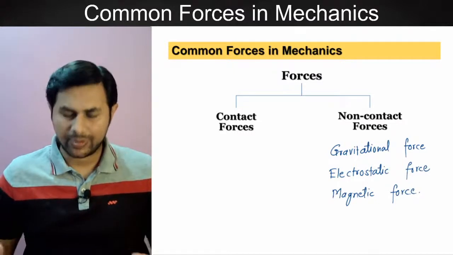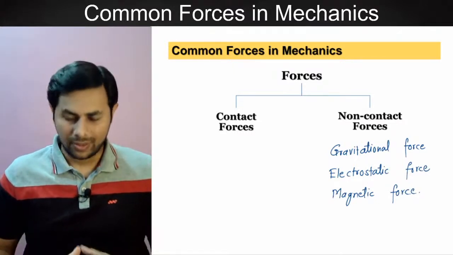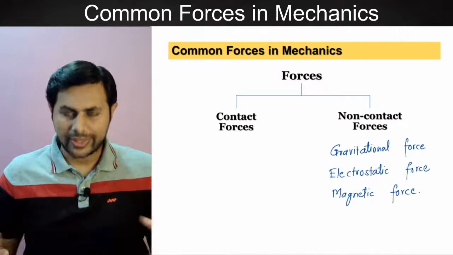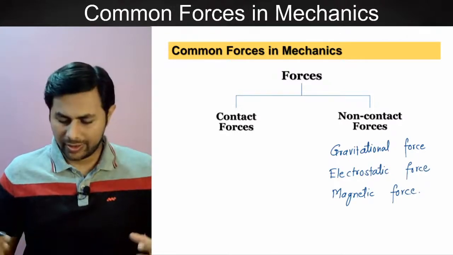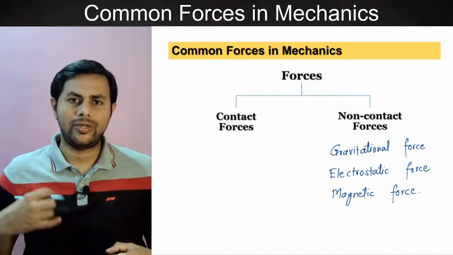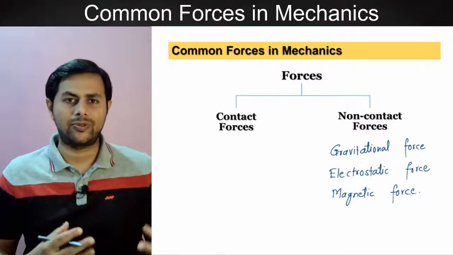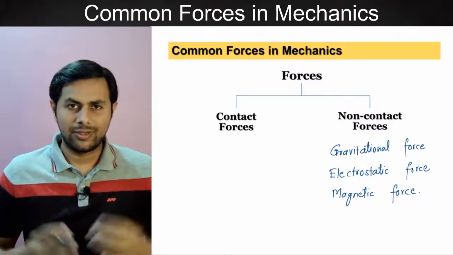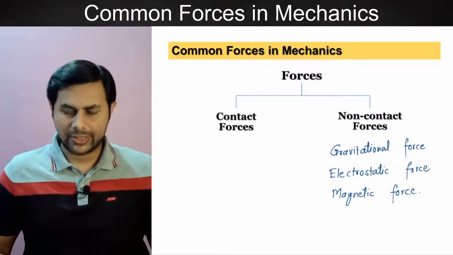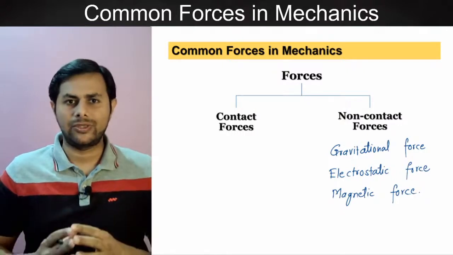Okay, these are some examples of non-contact forces. So if there is no contact between two bodies, then how does one body or one particle exert force on the other particle?